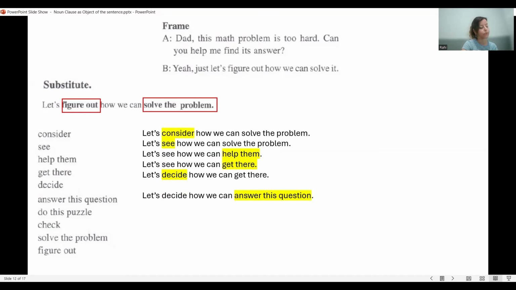Do this puzzle. Let's decide how we can do this puzzle. Check. Let's check how we can do this puzzle. Solve the problem.